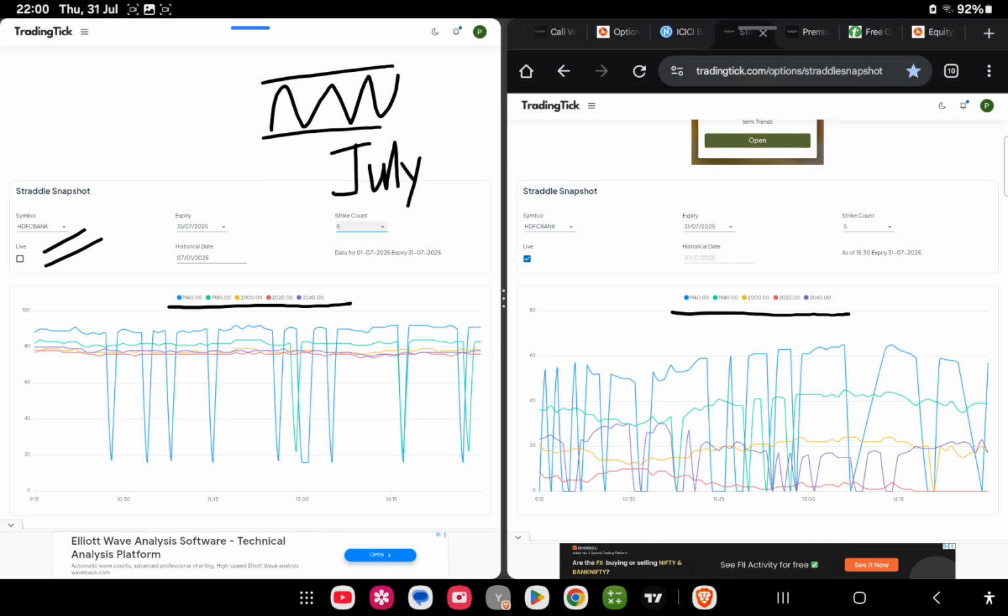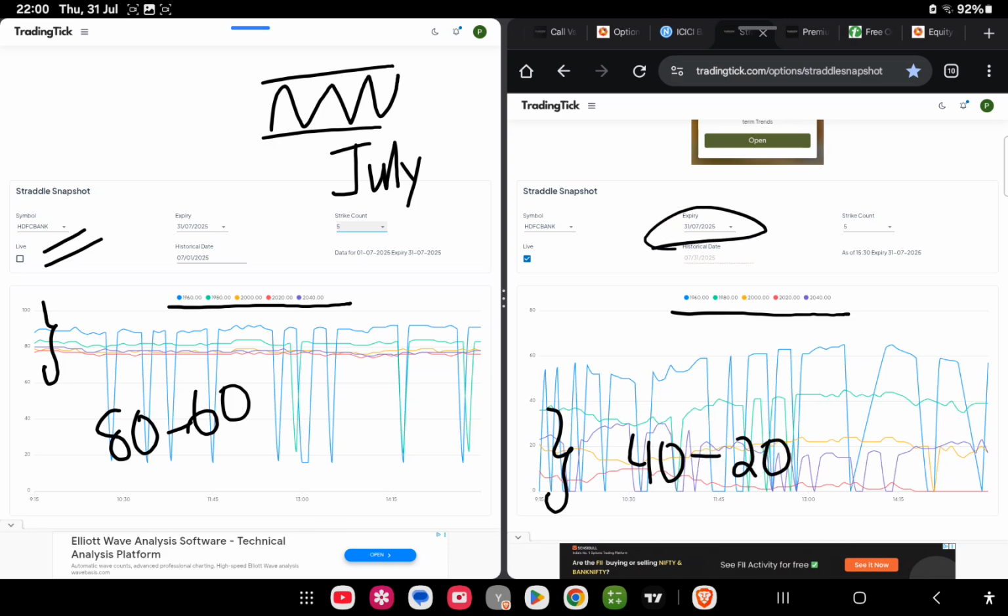For the start you could see it was almost 80 to 60 points, the strike premium, and then here from 40 to 20 it has reduced for the same strike. For 31st, you could see this is 35. This is the live data. So what would be the decay point?